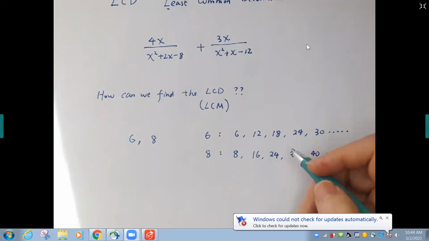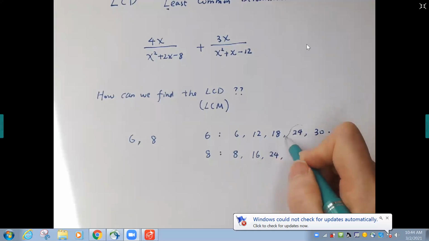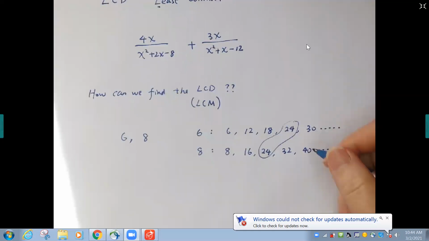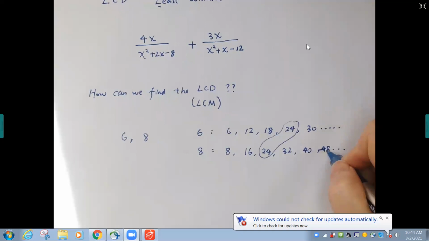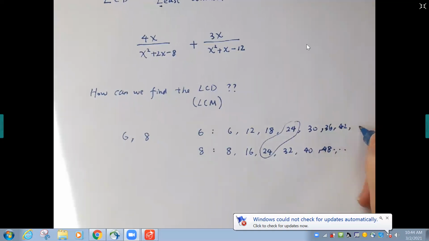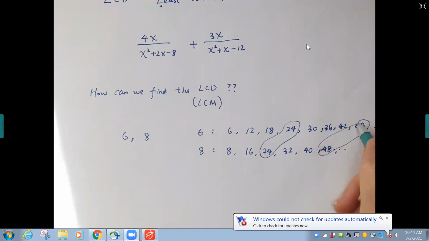Then we see, are there any same numbers? Common means the same. I see 24 and 24 here. If I continue, I will see 48 here as well, and then another pair of the same number, 48.